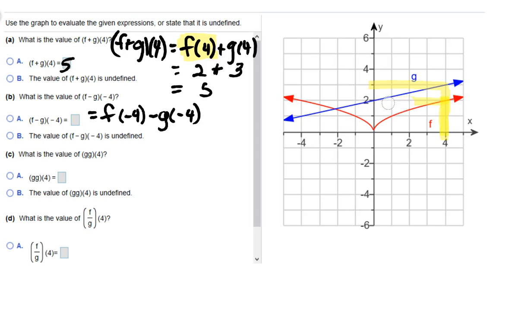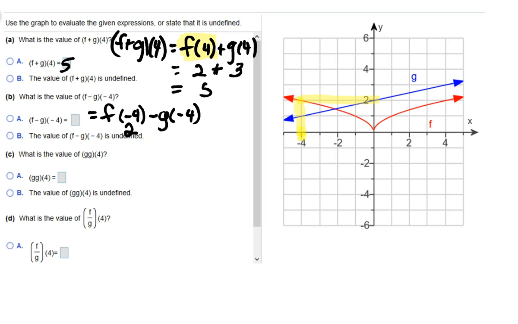We can figure out those values from the graph. f of negative 4, the x is negative 4. I'm going to go up to the graph of f and over, and we've got a y value of 2. Do the same thing for g of negative 4.